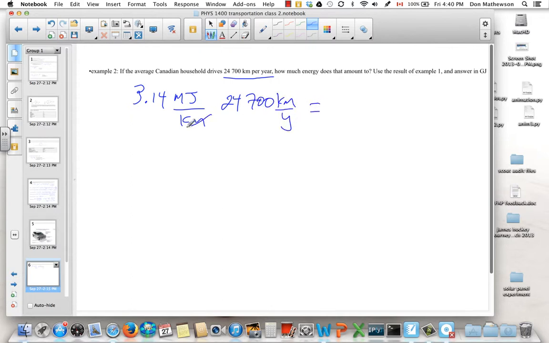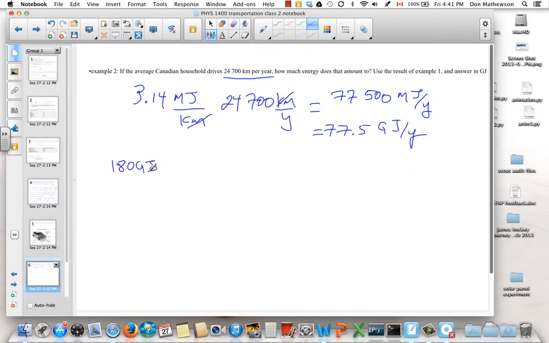If we multiply those together, we get about 77,000 megajoules, so 77,500 megajoules per year, and then bumping that up one more metric prefix, we'll get 77.5 gigajoules per year.